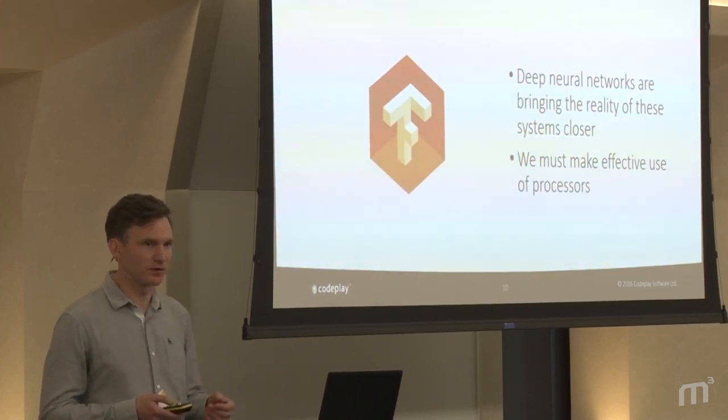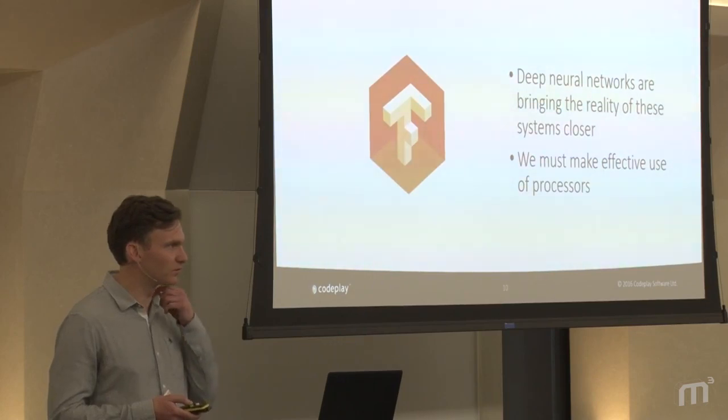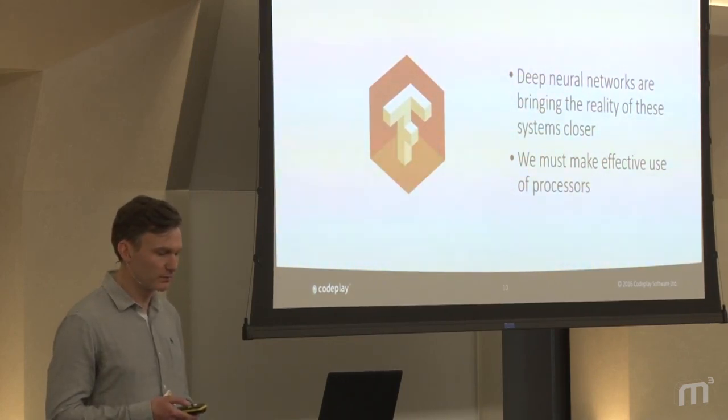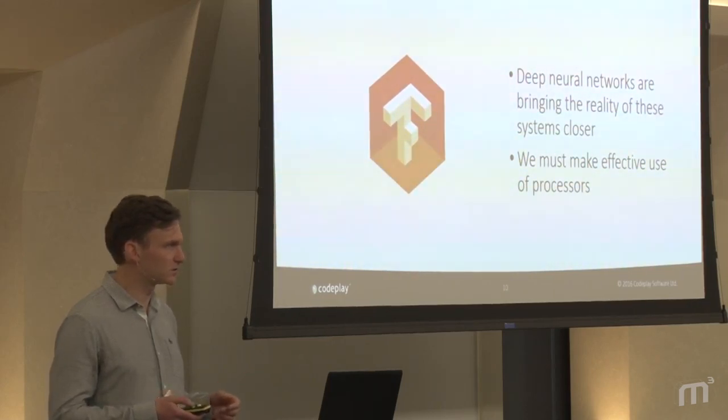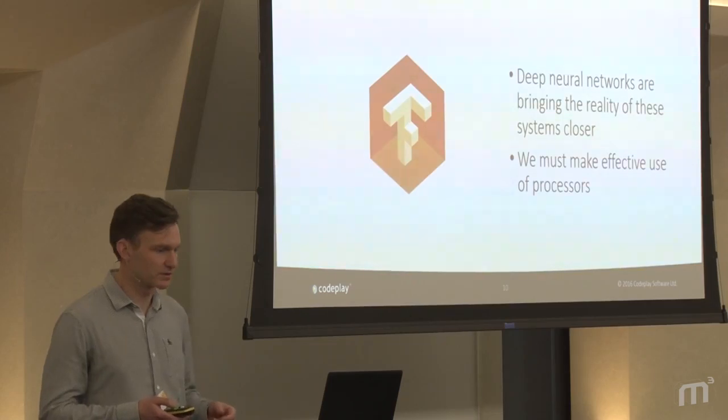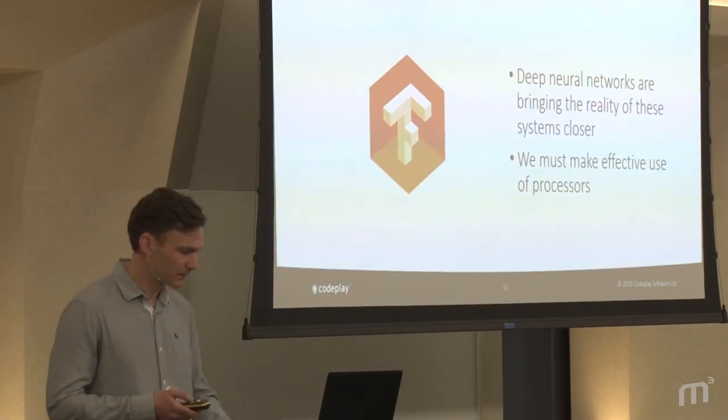And this is accelerating the development. So you've seen the progress that Waymo have made. You've seen the progress that all these companies are making. But again, we go back to this challenge of how do we make the most effective use of the processors that are actually inside the vehicle.